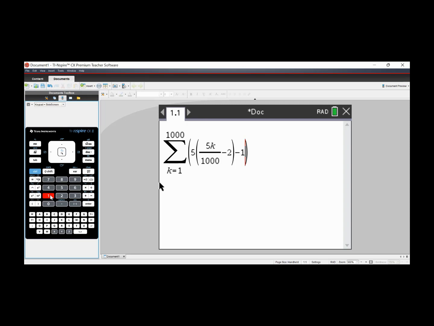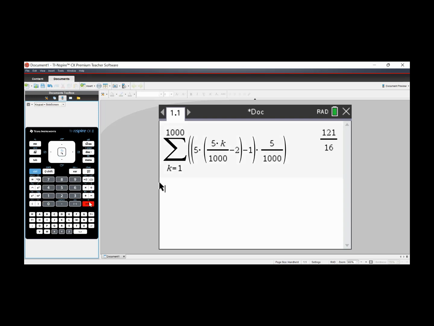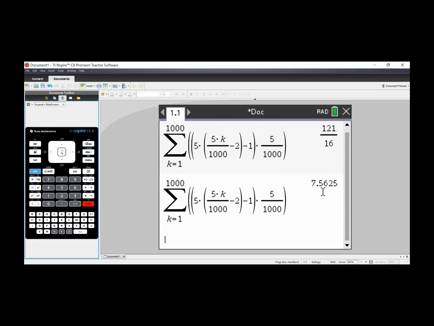Then we're going to close another parentheses, and multiply by the fraction 5 over 1,000. We'll press enter, and that's the sum we got, which is a fraction. So I'm going to hit Control Enter so that we have it as a decimal, so we can see how it compares to our integral.